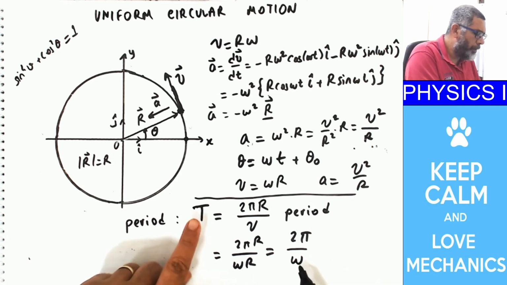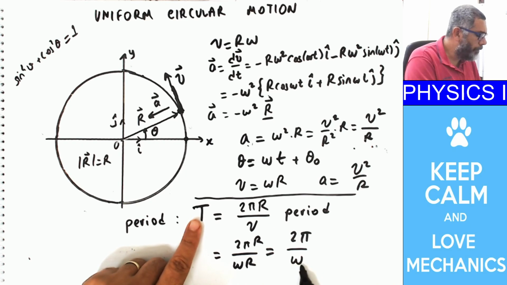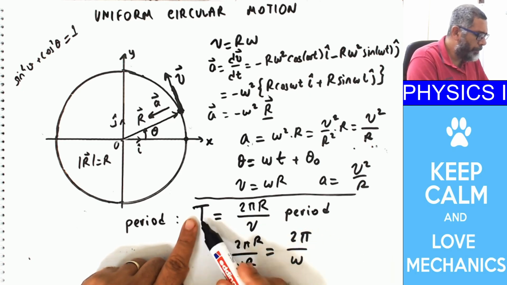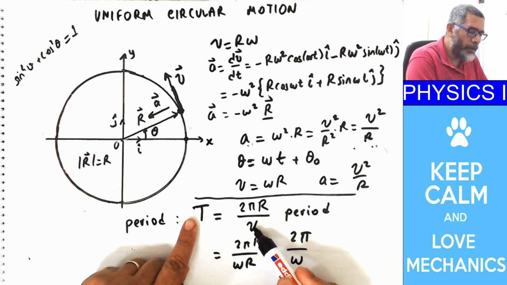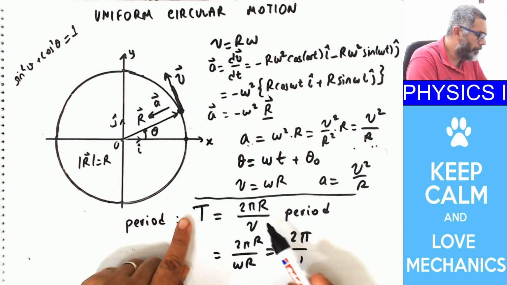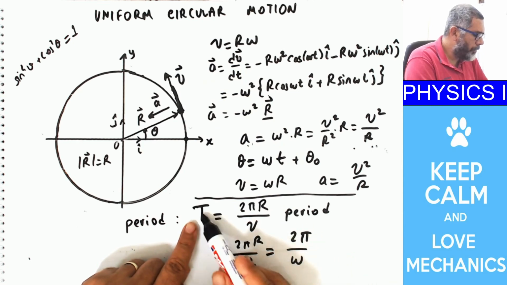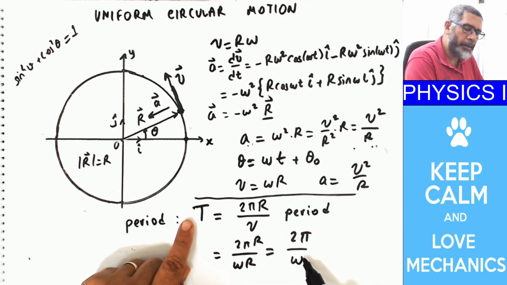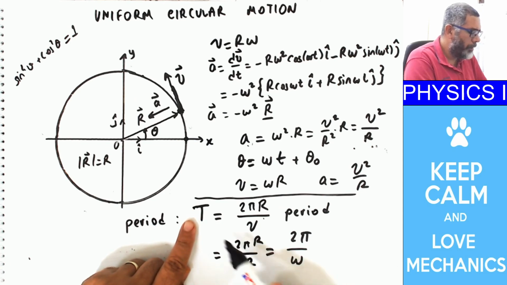So the period only depends on one physical quantity, which is the angular speed. You may express the period in terms of the radius and the linear speed of the object, but this relation looks simpler because it only depends on the angular velocity. As long as you know the angular speed, you know what the period is.